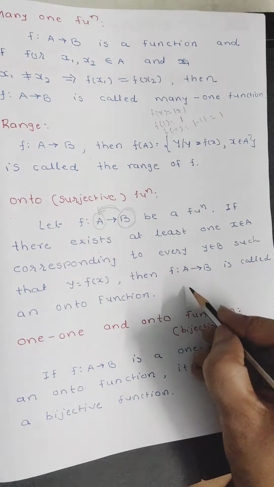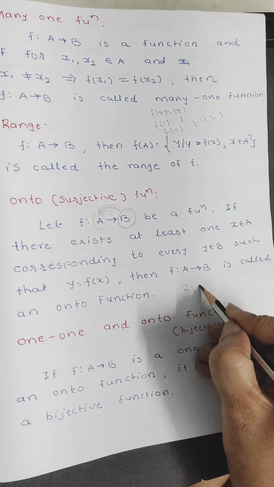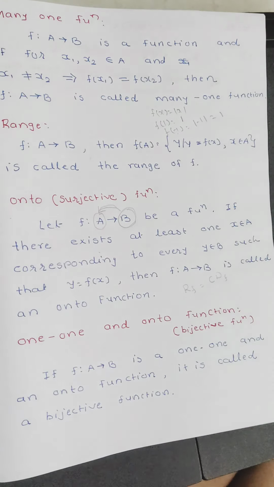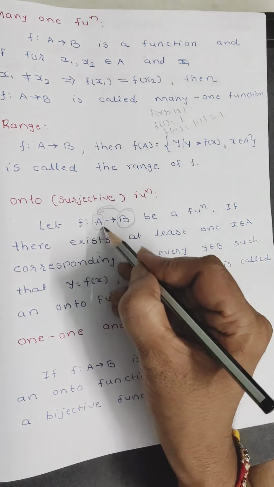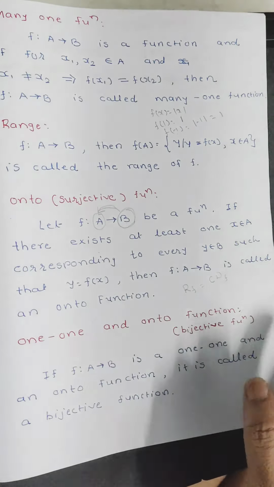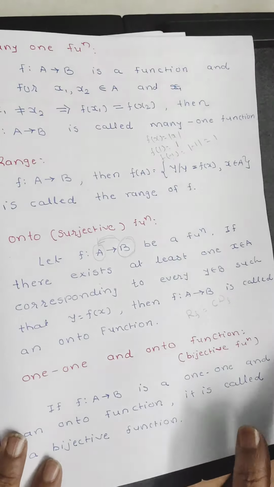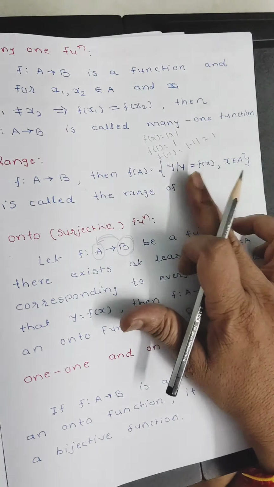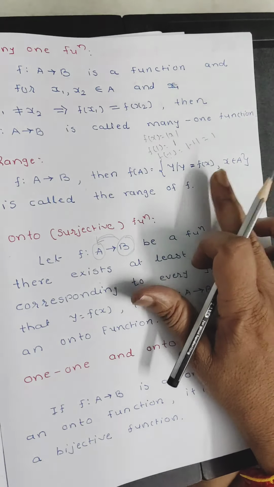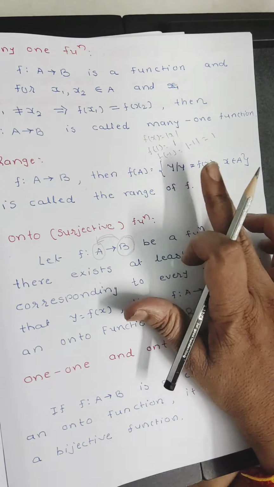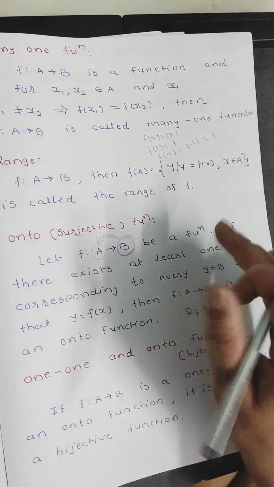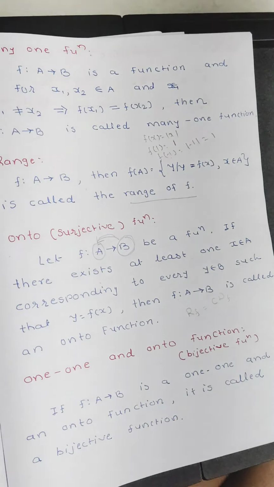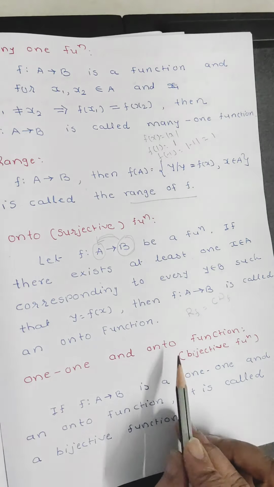Otherwise, in short, if I say the range of a function is equal to the codomain of a function, that is called an onto function. This is the domain, this is the codomain. But what is range? If I take a function A to B and y is equal to f(x), then the set of the y values is called the range.